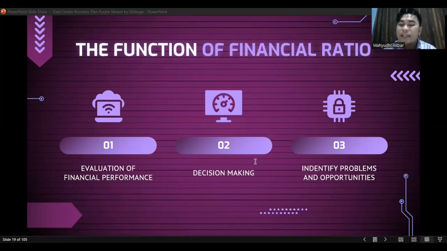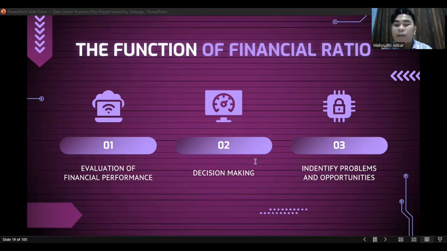The second one, decision making. Financial ratios can be used by company management, investors, creditors, and financial analysts to make better decisions. For example, investors can use ratios to assess whether a company's stock is worth buying, while management can use them to identify areas that require improvement.